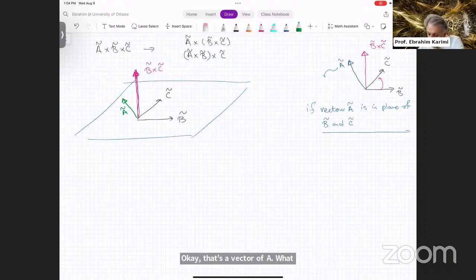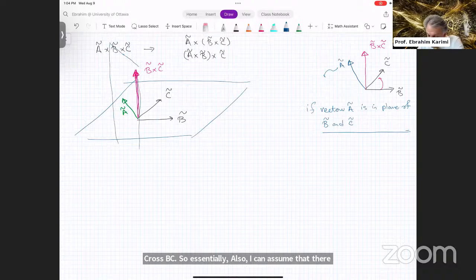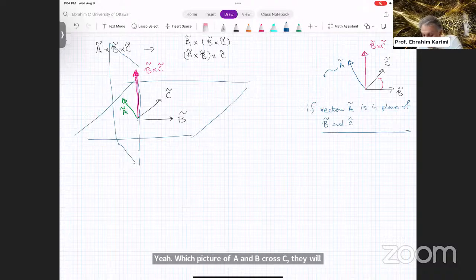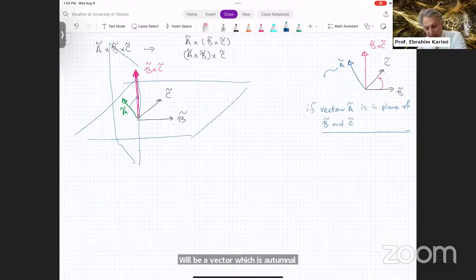What is happening with A cross (B cross C)? Essentially, I can assume that there is a plane here in which the vector A and B cross C are included. So A cross B cross C will be a vector which is orthogonal to B cross C and A at the same time.